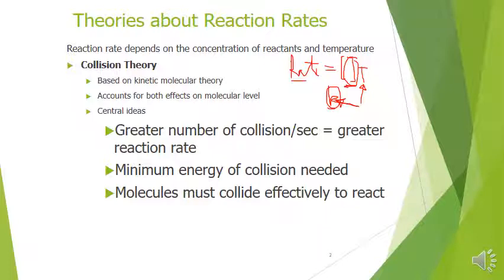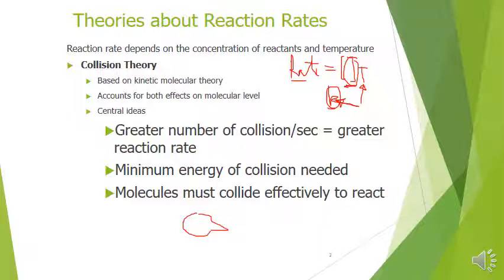There's always a minimum energy of collisions needed to take place, and once that happens, it just takes off. Often the molecules have to collide effectively. They can't just glance off each other. Sometimes they have to smash into each other in a very specific way.